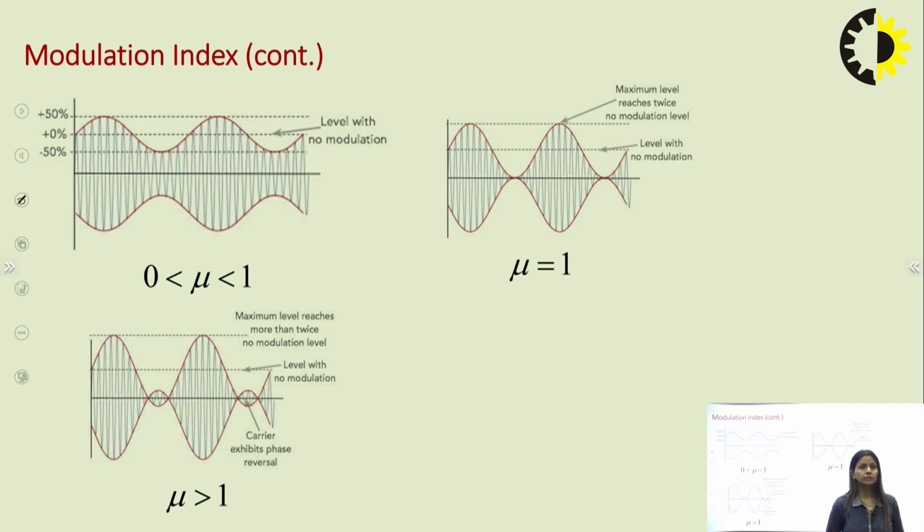Now we are going to understand the role of modulation index in amplitude modulated systems. We have understood the two formulae. First is mu is equal to AM by AC. If AM is less than AC, then there will be a gap.